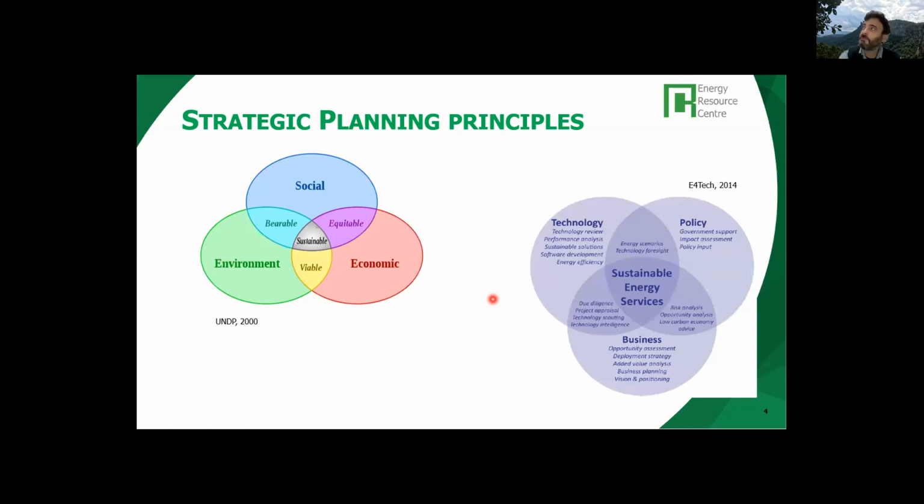And then we have some other vectors of analysis here: the policy, the business, and the technology. Okay, so we have a little bit of refinement of these concepts. After 14-15 years, this was evolved into some more detailed aspects of analysis.